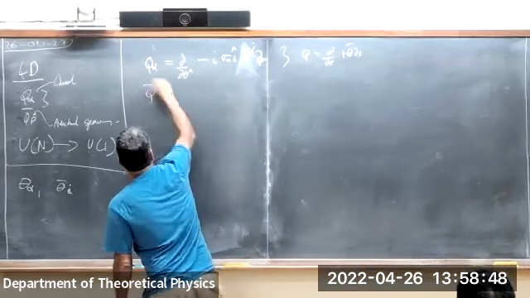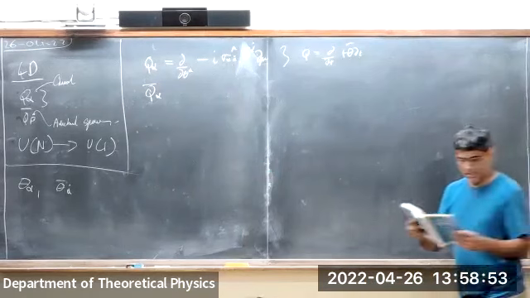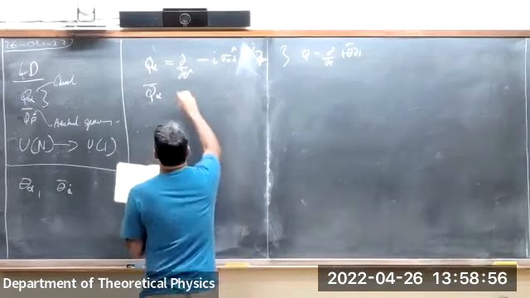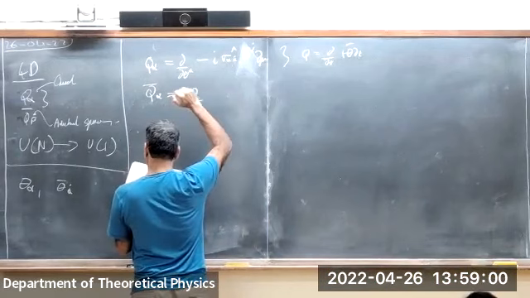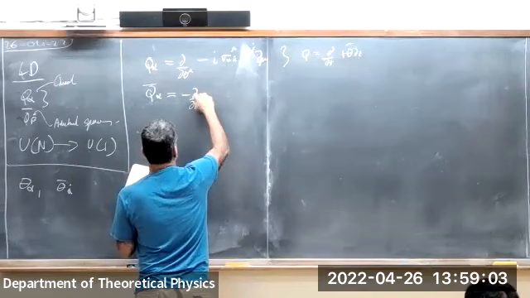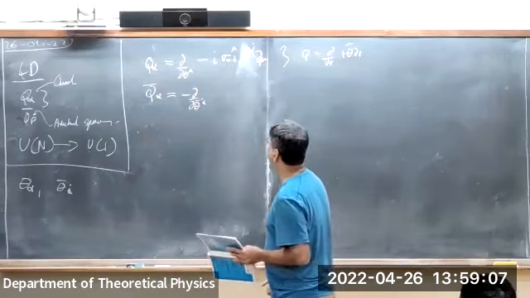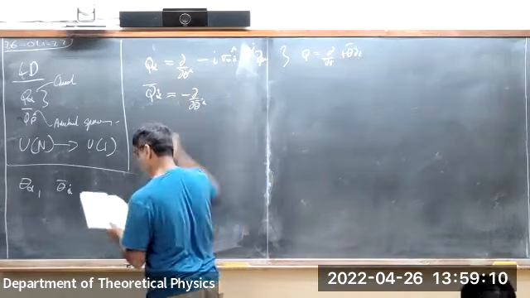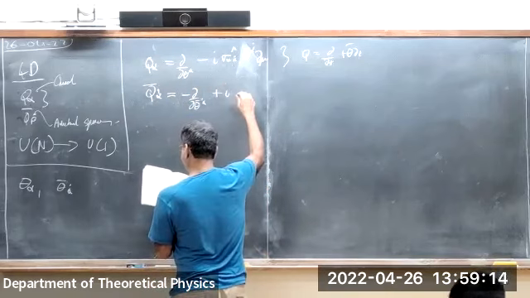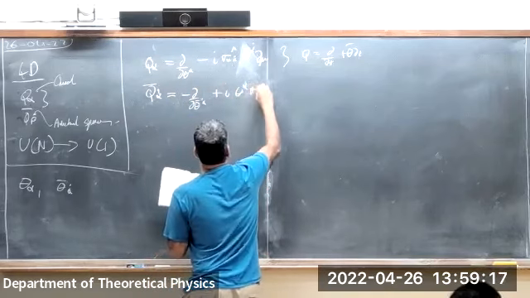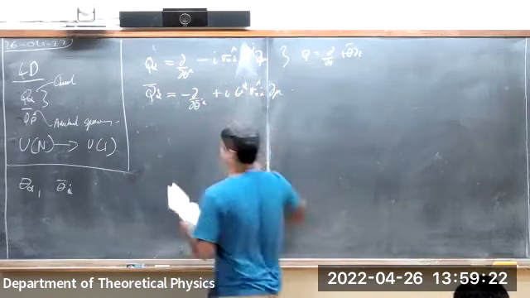So this is Q, and then there is Q bar alpha dot. Q bar alpha dot is equal to minus del by del theta bar alpha dot plus i theta alpha sigma mu alpha alpha dot times del mu.